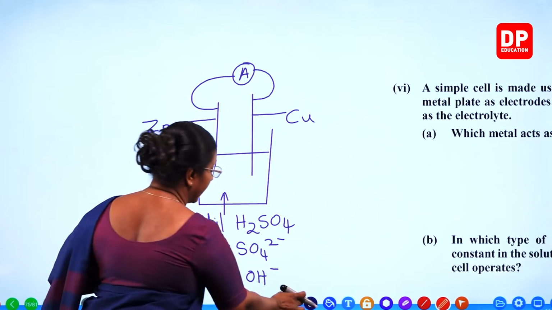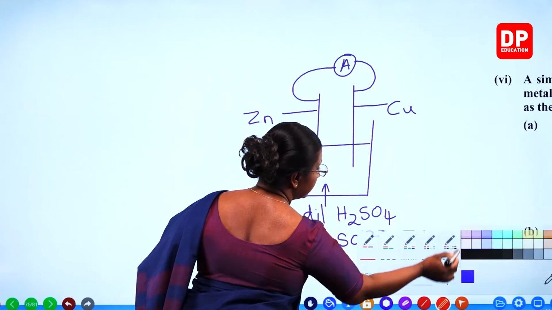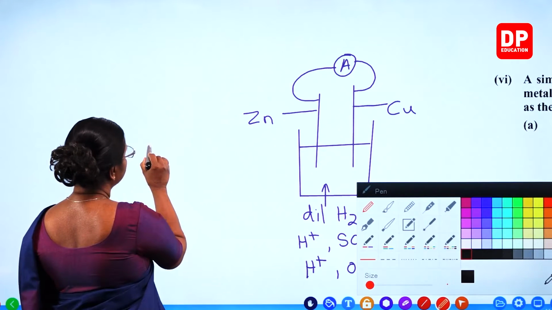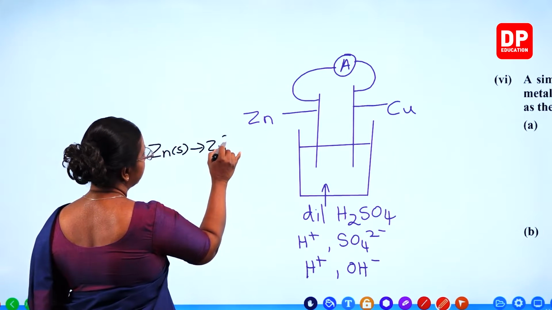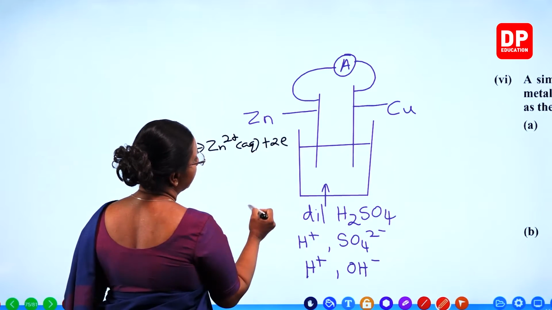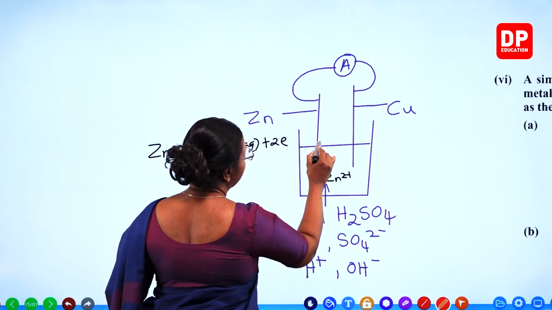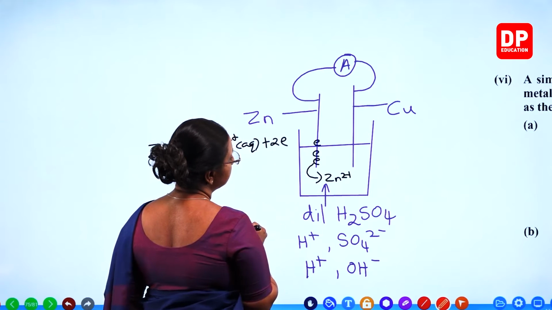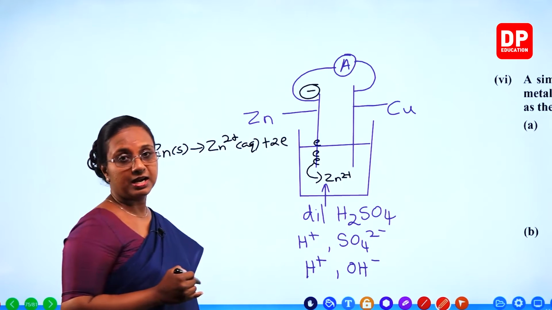So because of that, zinc will undergo oxidation. Zinc solid loses electrons and becomes Zn2+ aqueous. The zinc ions go into the solution. Electrons remain on zinc. Because of that, zinc becomes negatively charged.